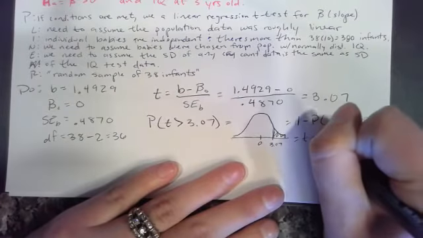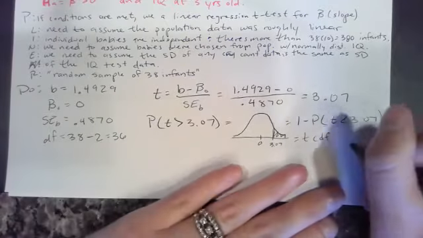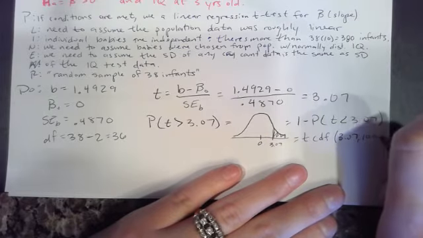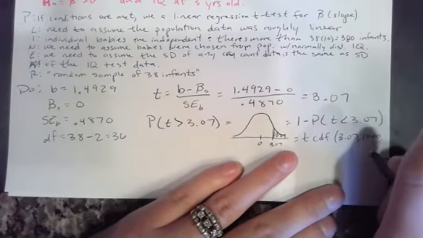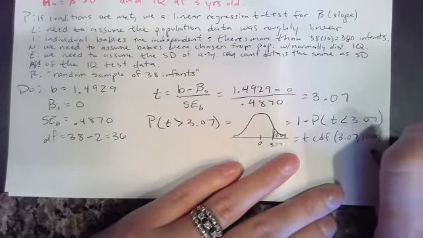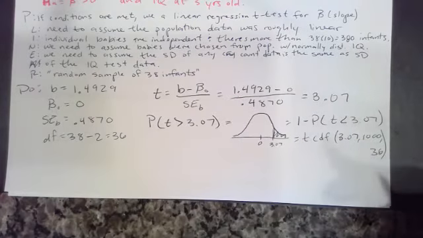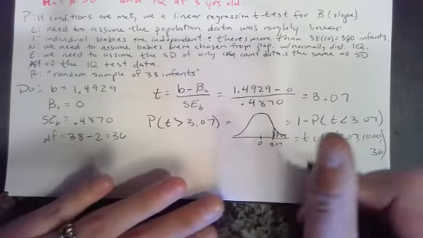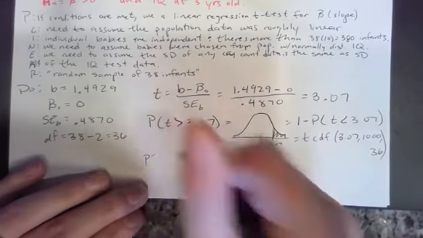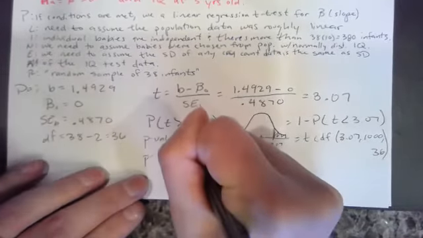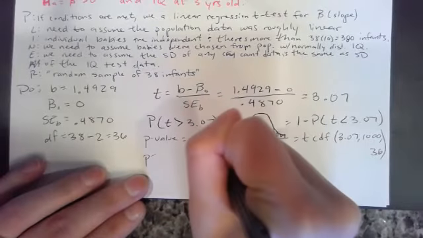Or if we're just smart, we could use a t-CDF with a lower bound of 3.07, upper bound of 1,000, and degrees of freedom of 36. When we do that, we get a p-value of 0.002.